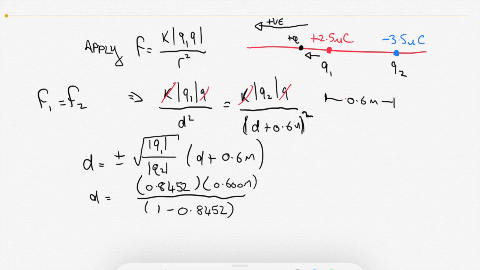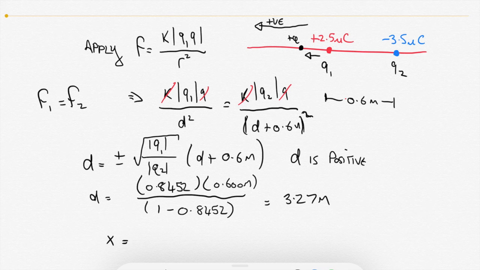When we simplify our equation above and solve for D, we get 3.27 meters. So D is positive, and it's 3.27 meters. From charge Q1, looking out along the negative x-axis, we see that D is at a distance of 3.27 meters.